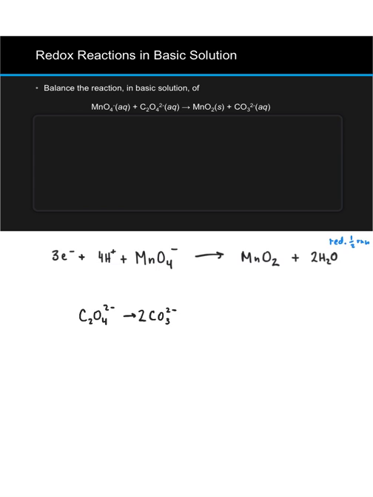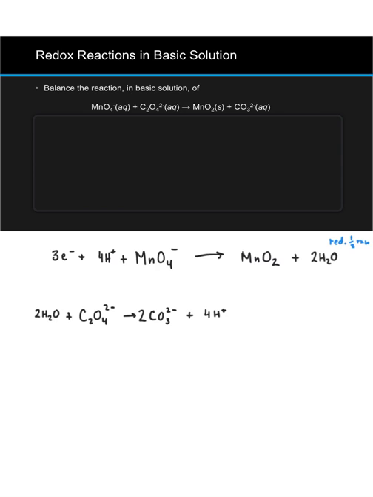Right now we have 6 oxygens on the right-hand side. We're going to need to compensate for those oxygens. I'll do so by adding 2 waters to the left-hand side, which also introduces 4 hydrogens to that left-hand side. I'm going to have to add 4 hydrogens to the right-hand side in the form of H+. And in that way, we balance atoms.